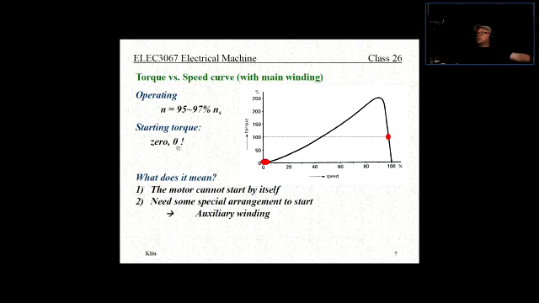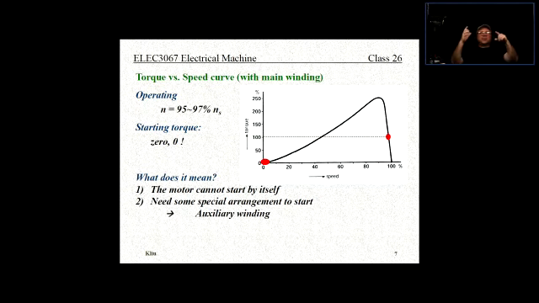Then the starting torque would be 0, and this is what we're talking about, because the windings, the two poles, are just like a cross configuration here, and they're being hit at the same time with the single phase.